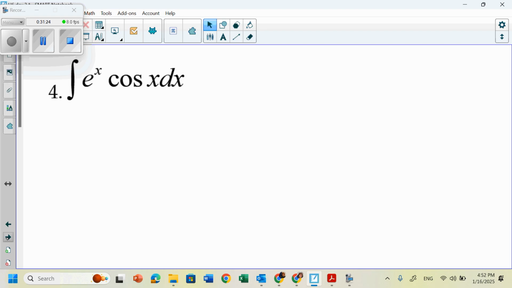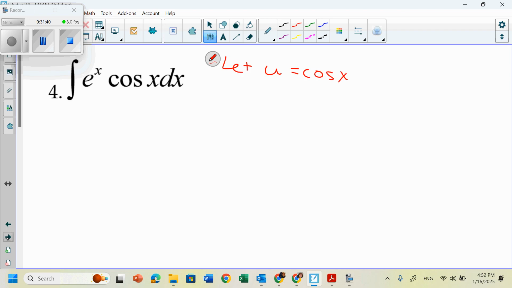So I'm going to let u equal cosine x. The only reason I say that is because it's easier to differentiate cosine than it is to integrate it. It actually doesn't matter, you can do it either way, because the derivative and integral of e to the x are the same. So du equals negative sine x dx, and I have dv equaling e to the x dx, and then v equals e to the x.